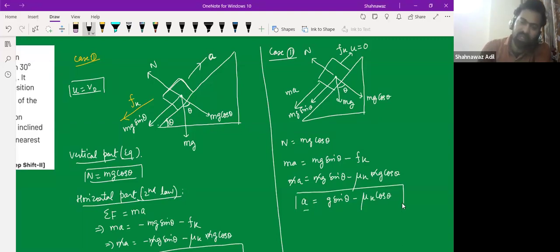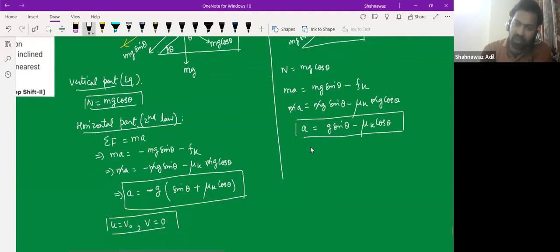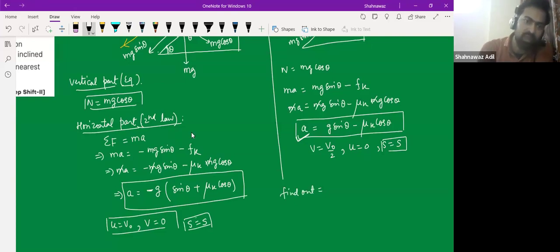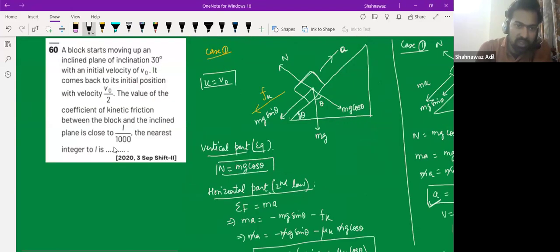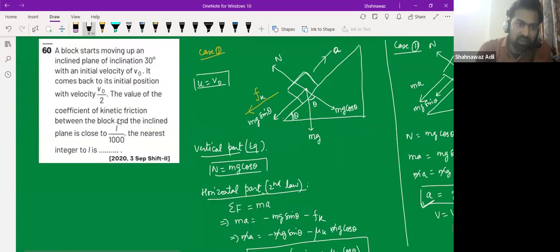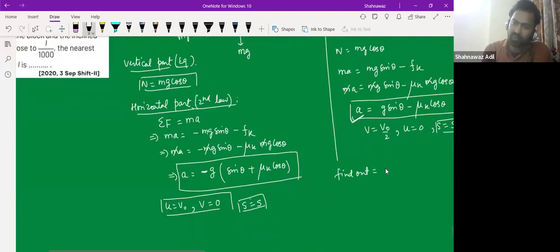The idea of this question is that your final velocity is v naught by 2, u is 0, and s is the same. S is the same, acceleration is changing. This is acceleration, this is retardation. So you guys have to compare these S and find out the coefficient of kinetic friction.